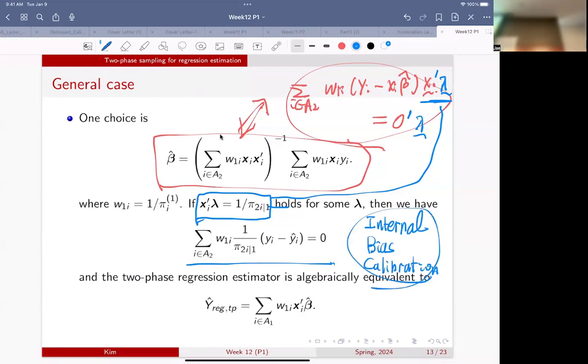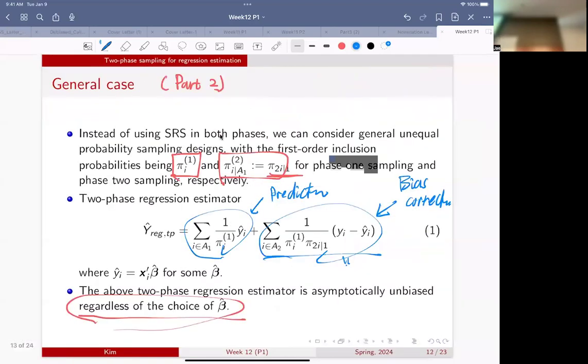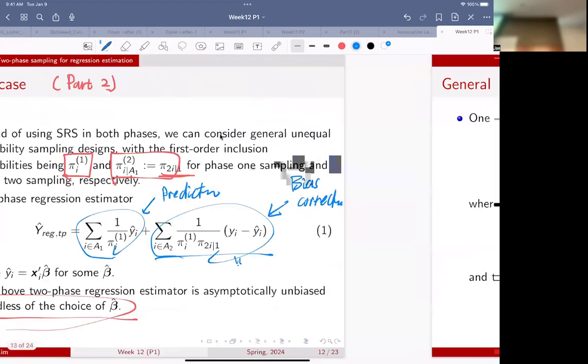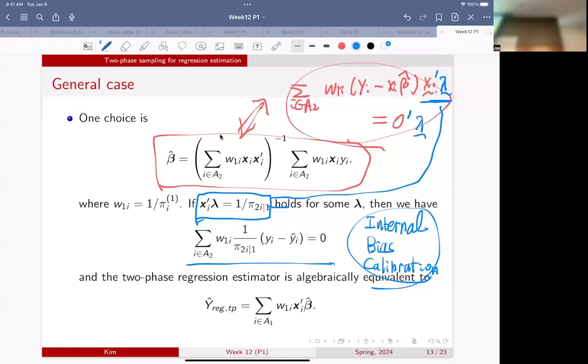The concept is: what condition should we impose in order for my prediction estimator to be asymptotically unbiased? That kind of condition is called internal bias calibration. Otherwise you correct the bias externally, so that is an external way of bias correction. This one, with this condition, is an internal way of doing bias correction. Okay.